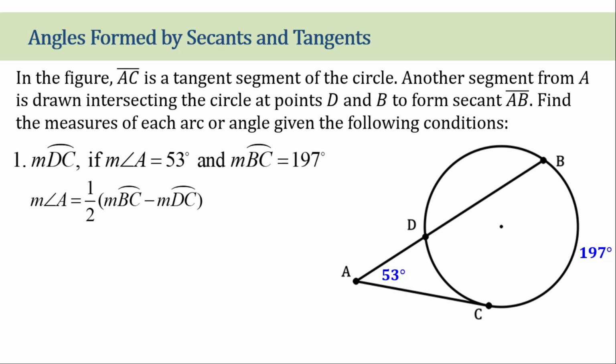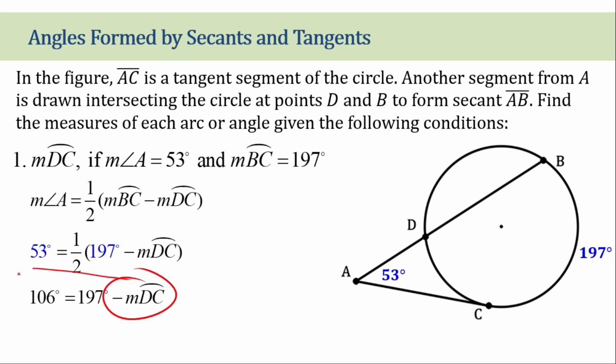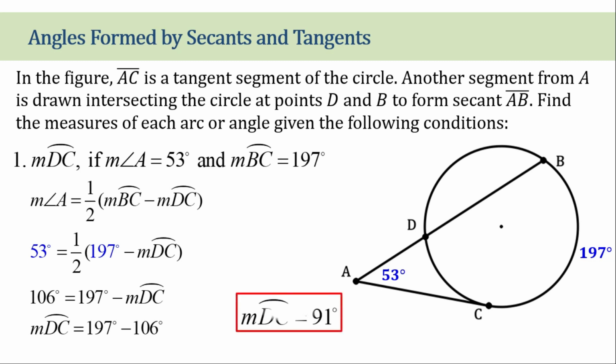That is BC minus DC. So let's substitute all the given and multiply 2 on both sides. Then we transpose this on the other side and transpose this on the other side. That gives us the measurement of arc DC is equal to 197 minus 106, and that gives us 91 degrees for DC.